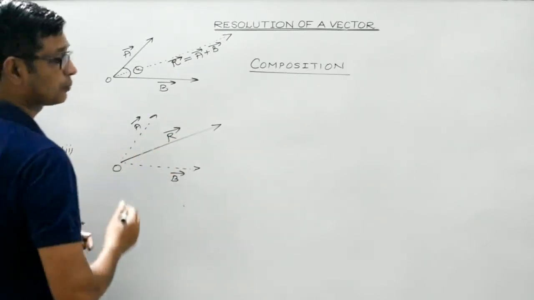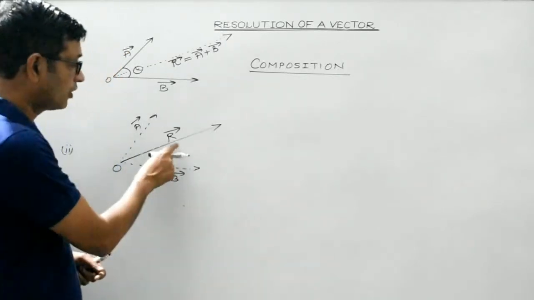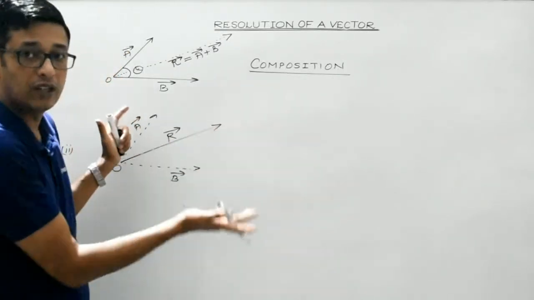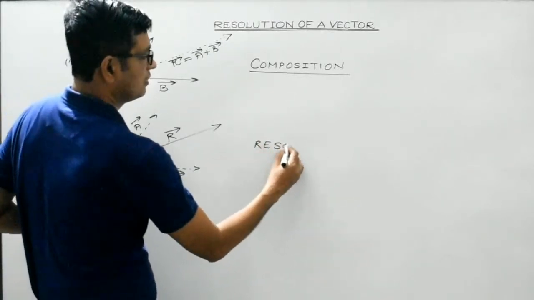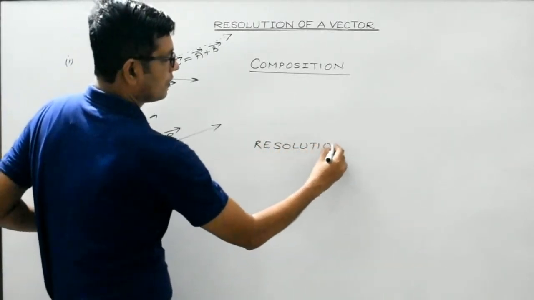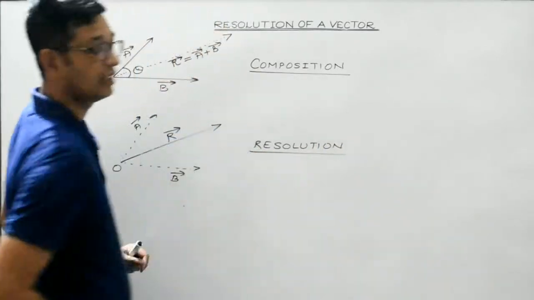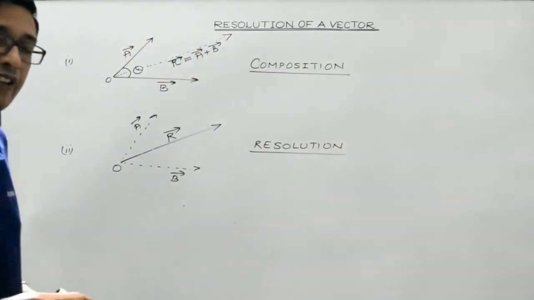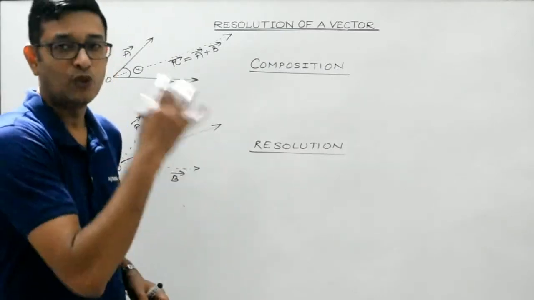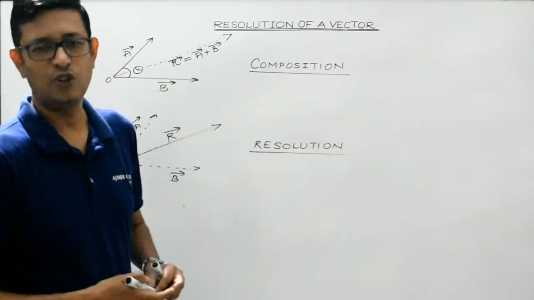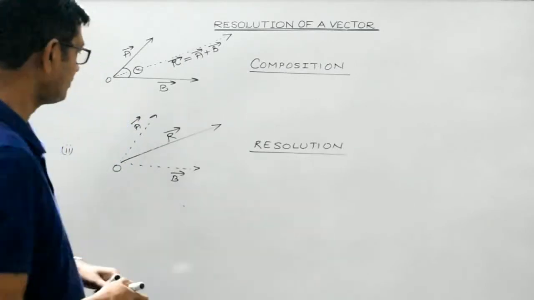Right? So this process of splitting up of a given vector into two or more components is known as resolution of a vector. So that is the reason why I have stated resolution of a vector is the reverse process of composition of vectors. Right? I hope you have understood this concept.